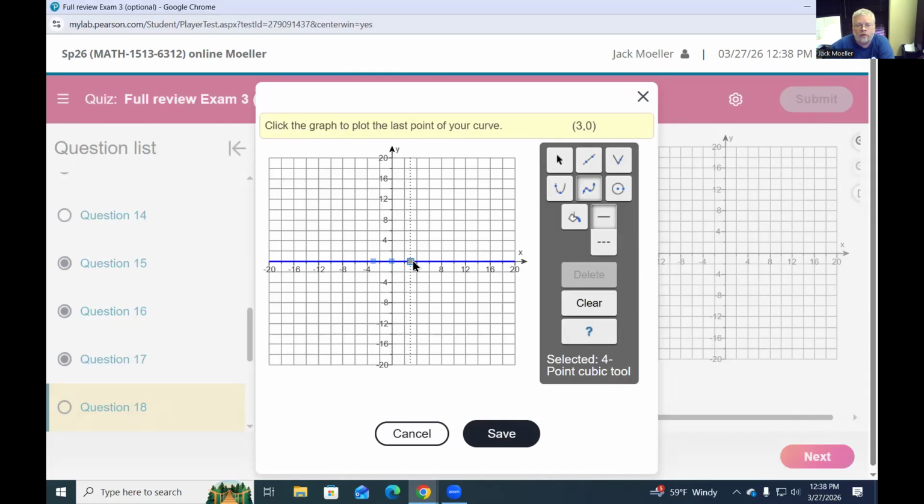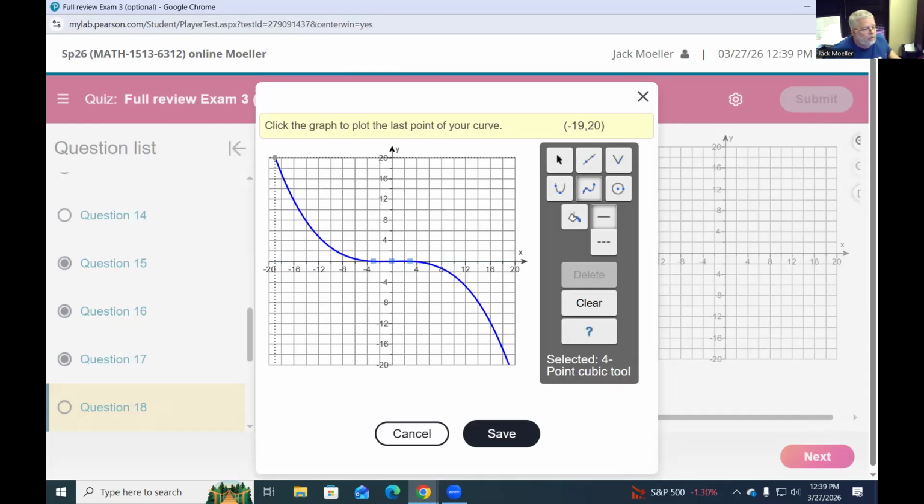Now it looks like a horizontal line, but notice that we got to have a fourth point. It would have been nice if the y-intercept had not also been 0, 0, because then we would have had a fourth point. But since the x and y-intercepts were overlapped, we need any fourth point. So here's what I would do: pick a number that's easy to work with. So let's plug in 1.